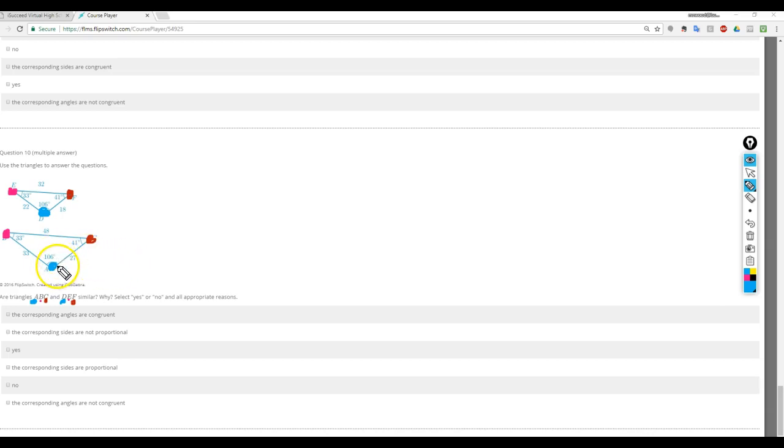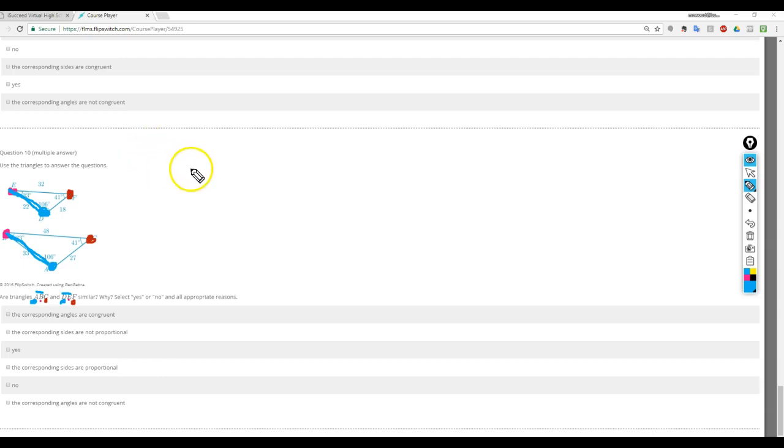So side length AB is connecting the first vertex to the second vertex. So its corresponding side would be connecting the first vertex to the second vertex in our second image. So side length DE is our corresponding side. Another way to tell is they're listed AB and DE.